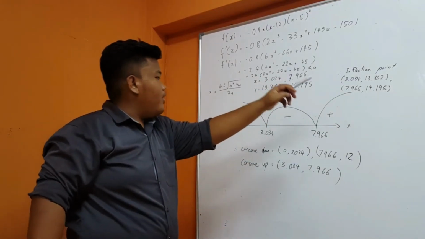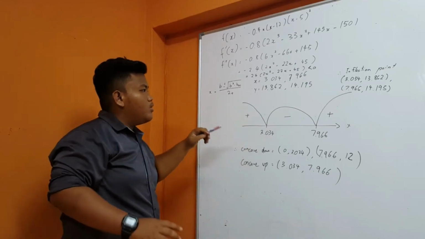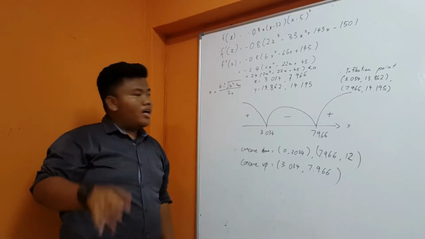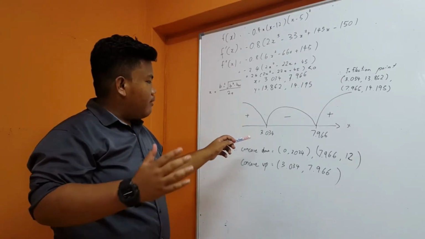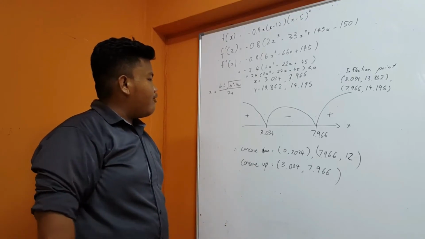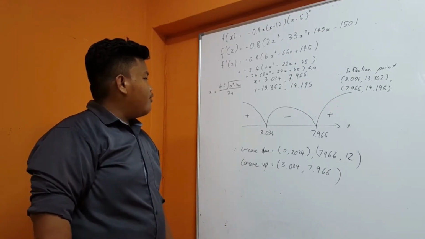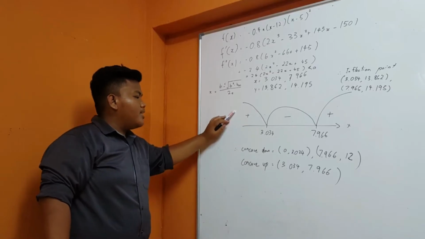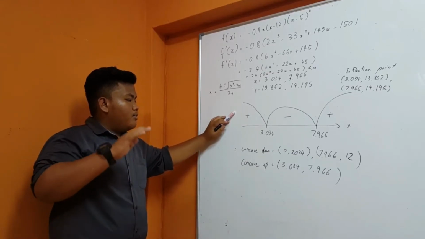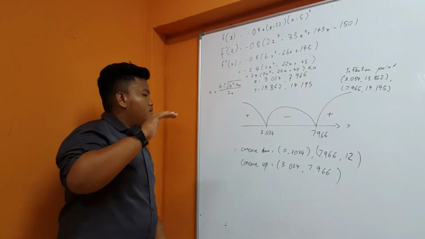After we get the inflection points, we substitute any value below 3.034, and we got a positive value, which means that the graph is concave down.